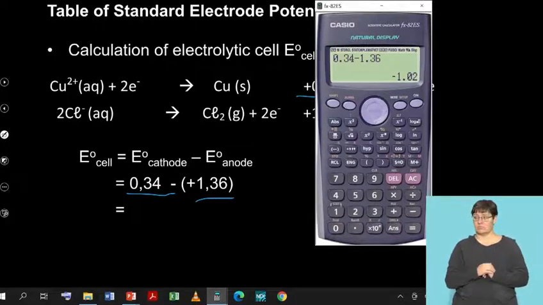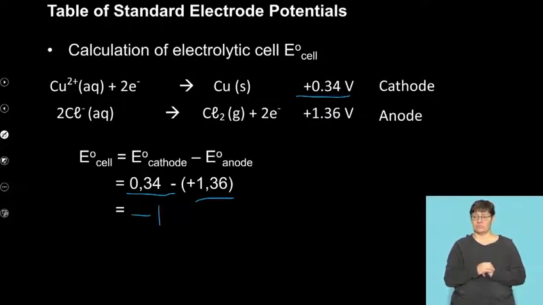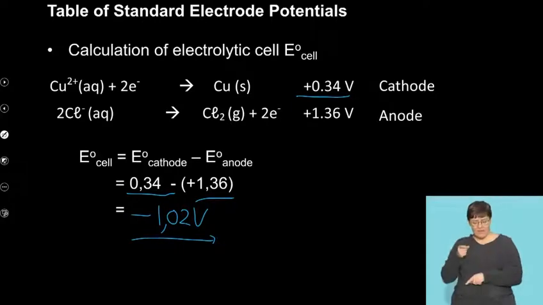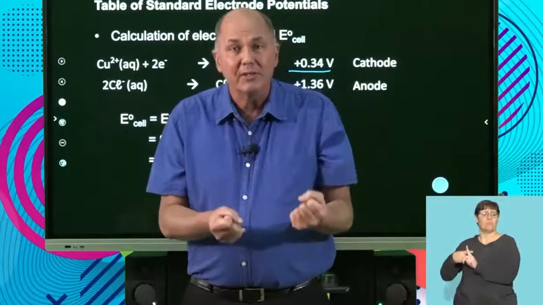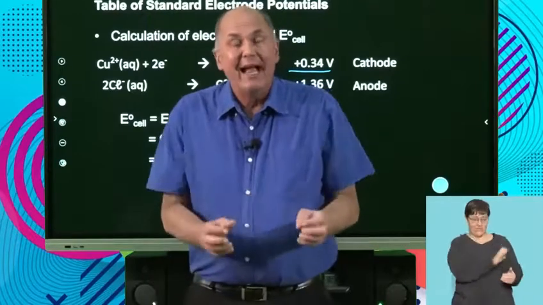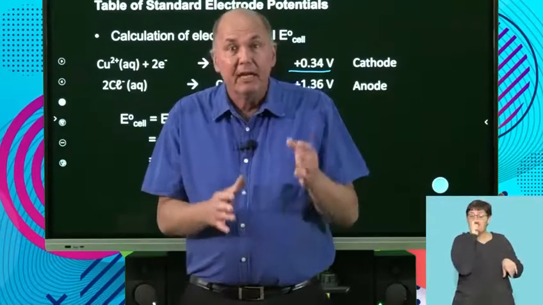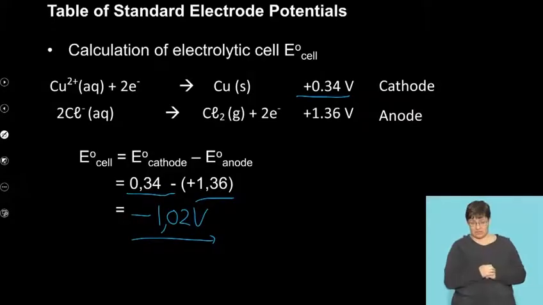Minus 1.02 volts. Do you remember that for the galvanic cell, we always got a positive value? Here we're getting a negative value because it's not spontaneous. We're going to put in energy, and the minimum amount of energy is a value of 1.02 volts.